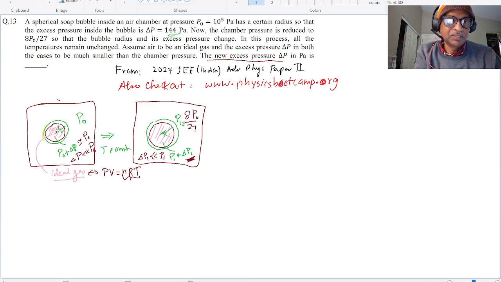So the first thing to notice is, if I want to find delta P1, how would I go about it? You'll see that it will relate to the surface tension of this bubble.